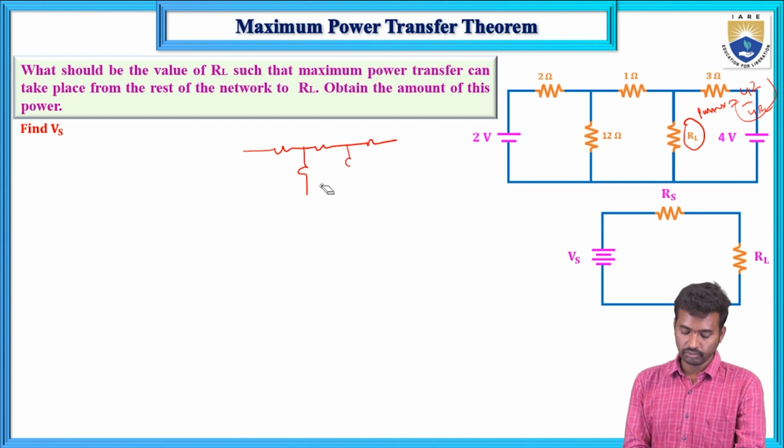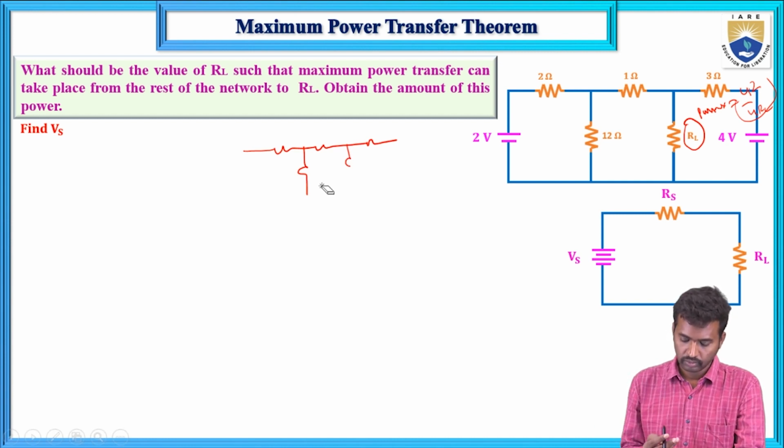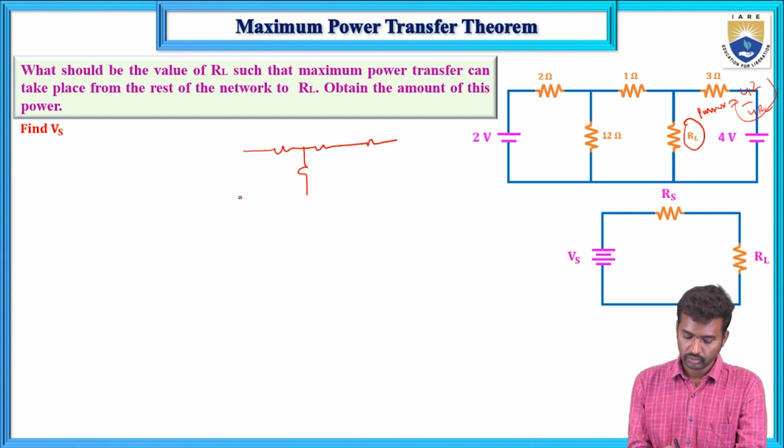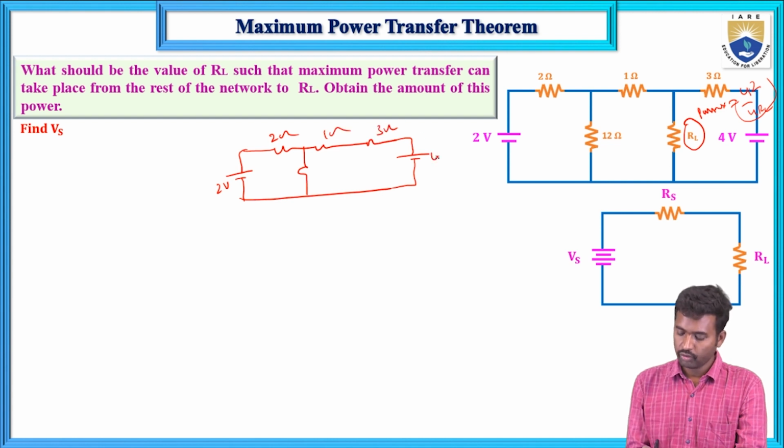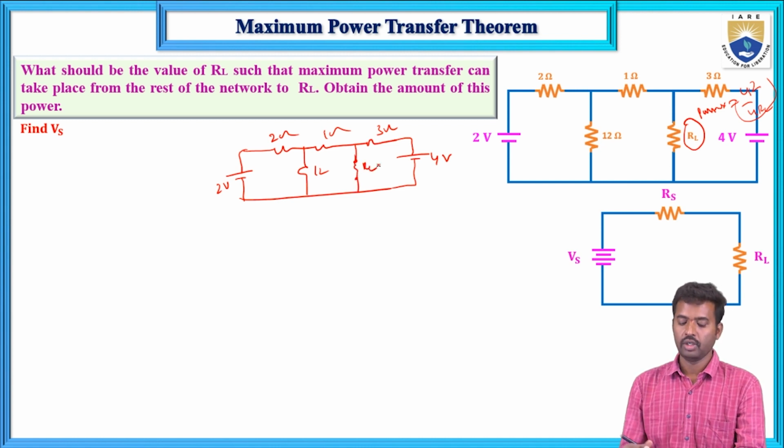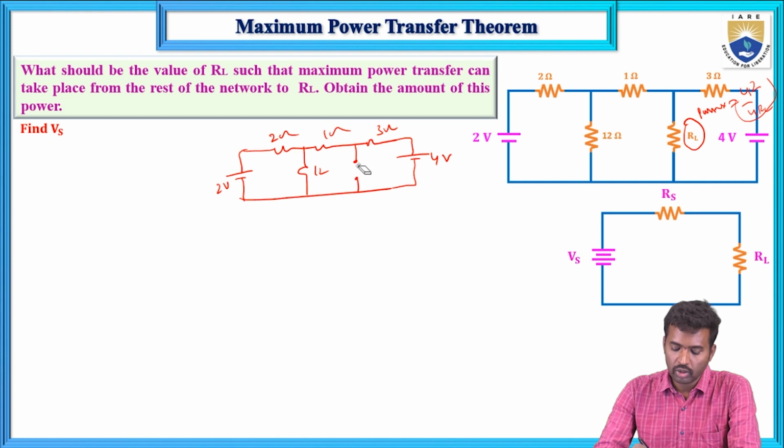This is the circuit: 2 volt, 2 ohms, 1 ohm, 3 ohm, 4 volts, 12 ohms, and this is RL. First remove the load resistance from the given circuit and calculate this open circuit voltage VOC.